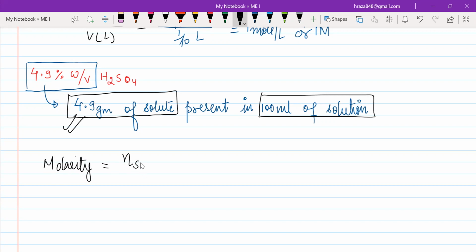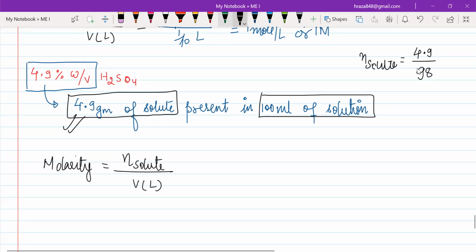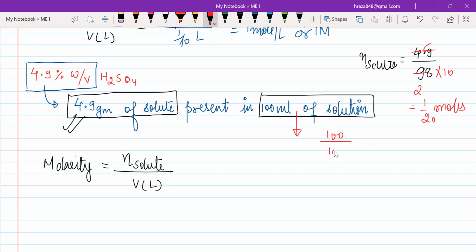Molarity is equal to number of moles of solute upon volume of solution in liter. Now, if you are going to calculate number of moles of solute, that will be equal to given mass, that is 4.9, upon molar mass, that is 98. You can easily say if you are going to remove this decimal, there will be 10 in the denominator, and it will be cancelled by 2. So you will get number of moles as 1 by 20 moles. And you can see the volume is given in ml, so you can convert it into liter by dividing by 1000, and you will get 1 by 10 liter.